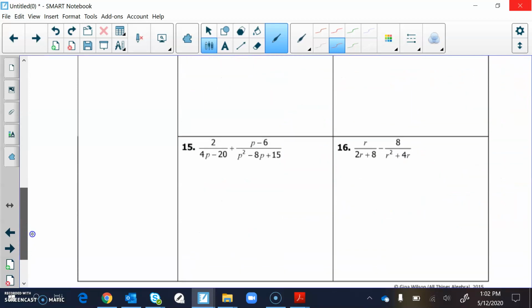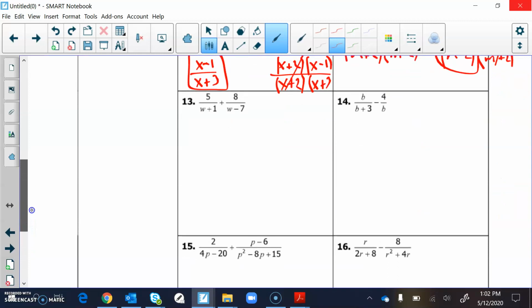Okay, I got 4 more in 5 minutes, so let's see if I can do this. Okay, number 13. Well, now I'm going to have to balance both sides. So you take the greatest hits, the denominator of each, and that becomes our common denominator, w plus 1 and w minus 7. That's the common denominator.